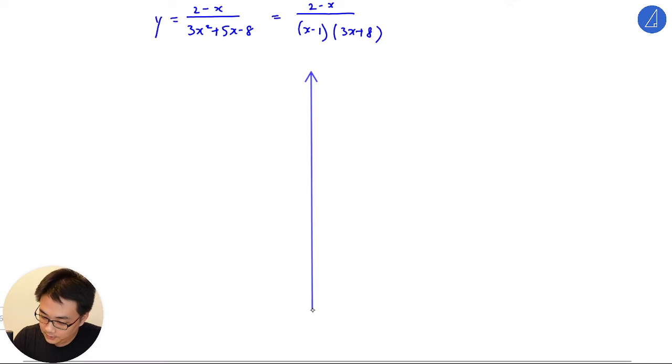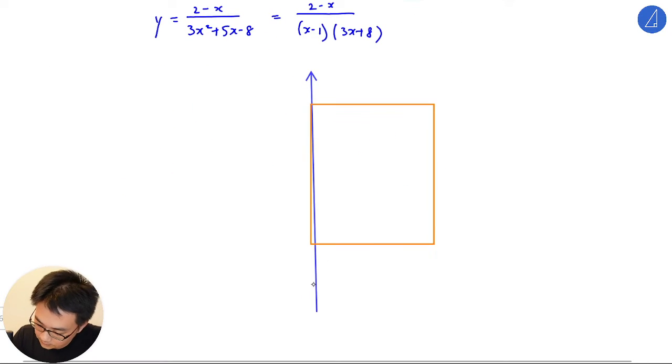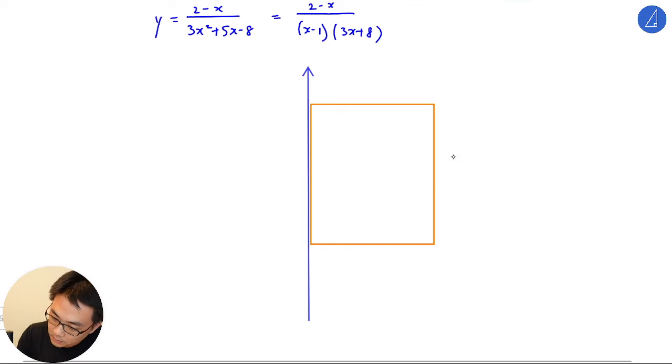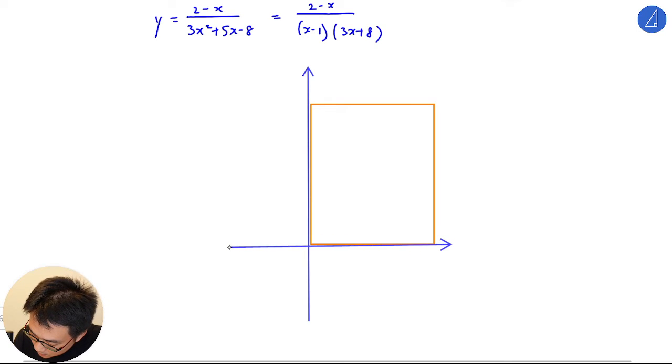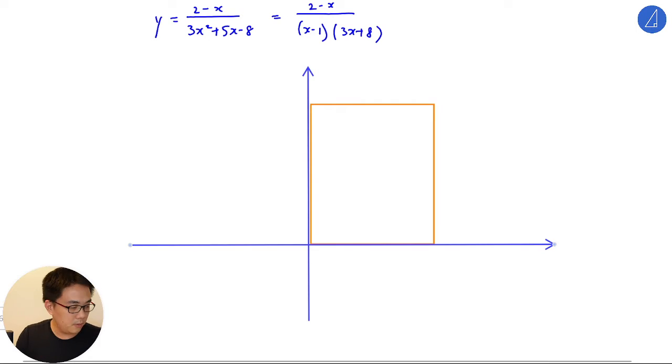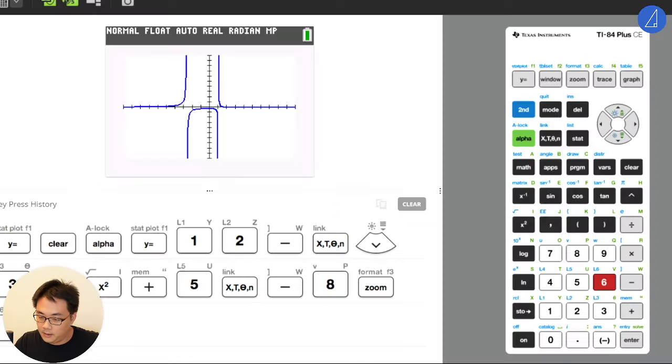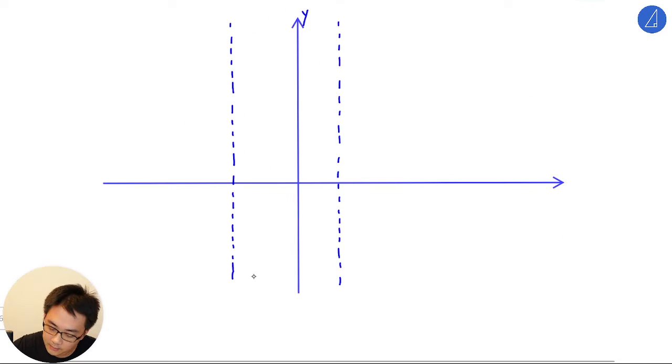So when you sketch, okay, sketch this like that. There's a maximum point here. Not sure what it is.